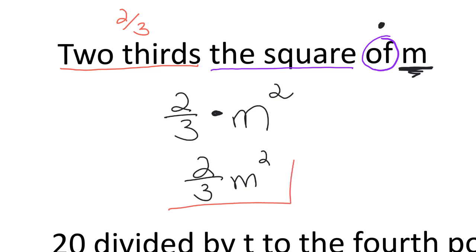So that is your algebraic expression. The fraction, you multiply the variable m with the exponent of 2, which is the squared of m. Do not put the 2 at the beginning of the m because that's something else. I see that a lot. So it has to be an exponent because squared means exponent of 2.